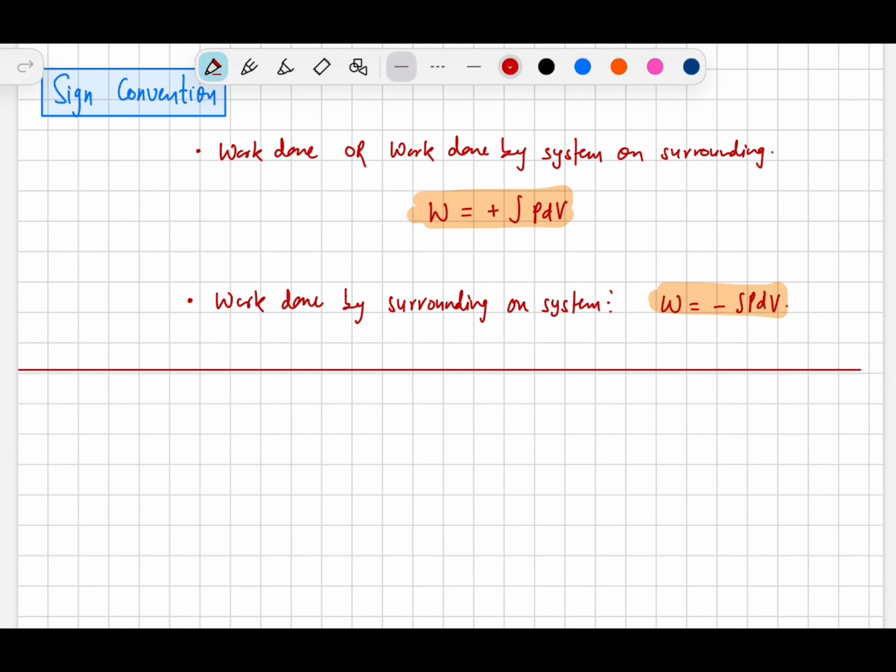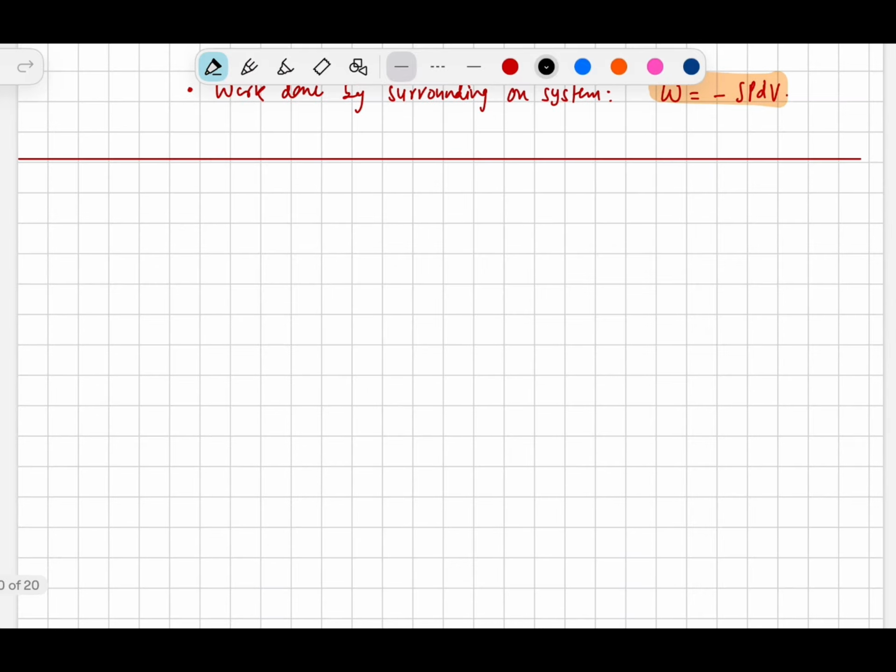Now one more important thing is that we have seen those indicator diagrams, right? Of course we have seen those indicator diagrams.